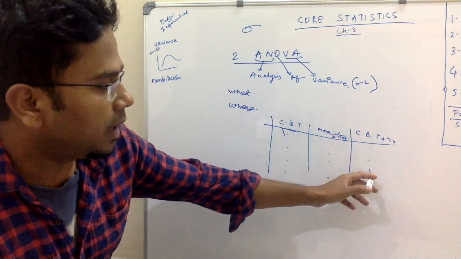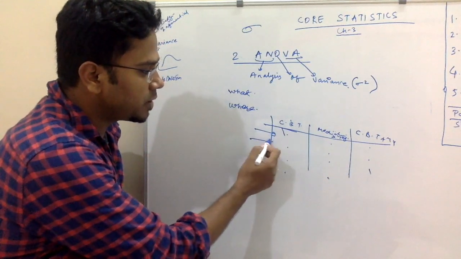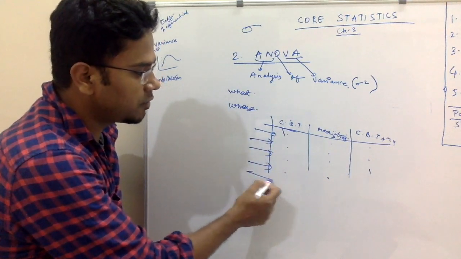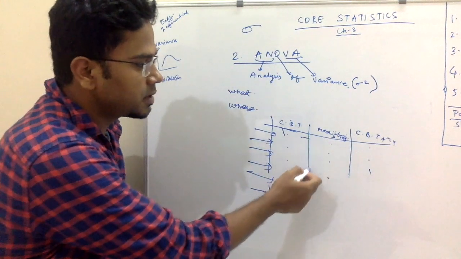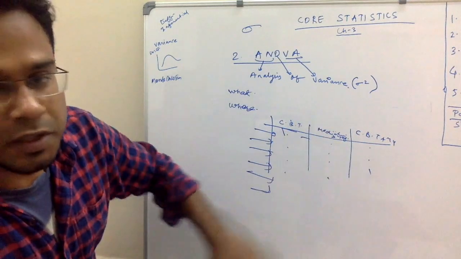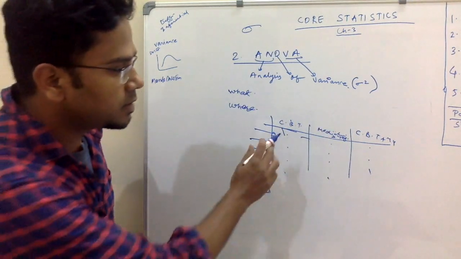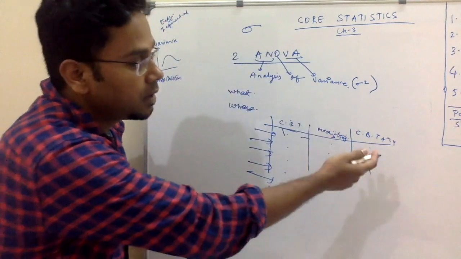These points correspond to different patients, number 1, 2, 3, 4, 5, and here patient number 6, 7, because they are all getting different kinds of treatment. One is getting only cognitive behavioral therapy, another is getting meditation and yoga, another a combination of both.